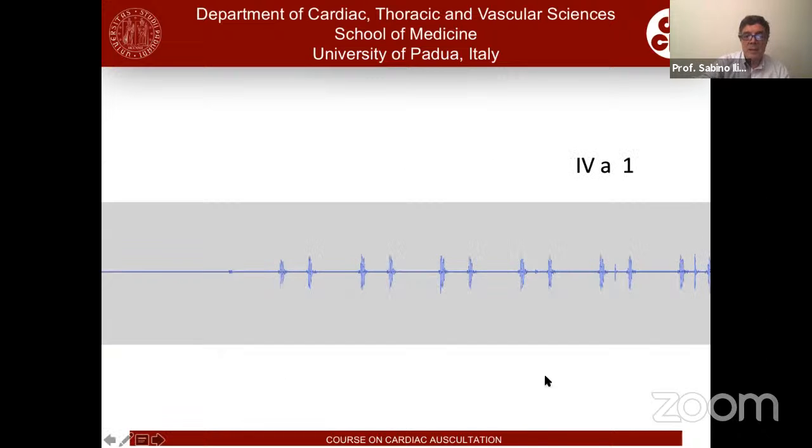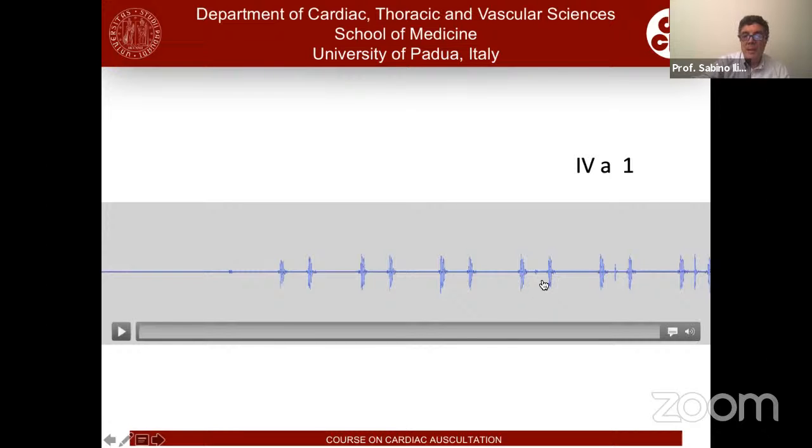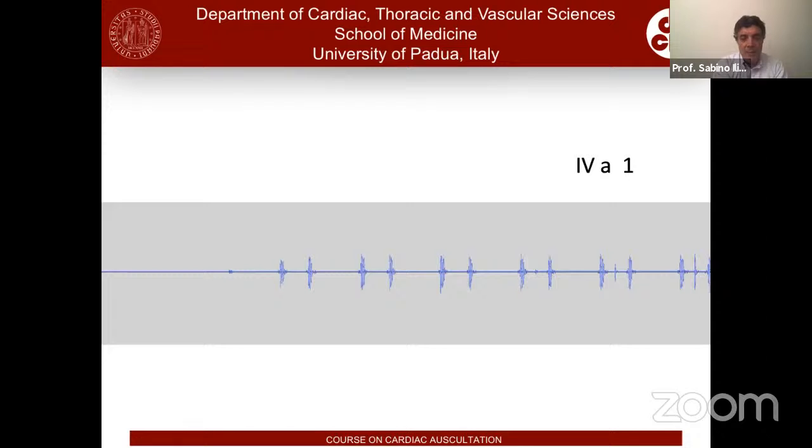And here you will see that we have 3 normal beats, and then the click will appear. Because the click, let me tell you something to our friends, is the pathognomonic sign of mitral valve prolapse.